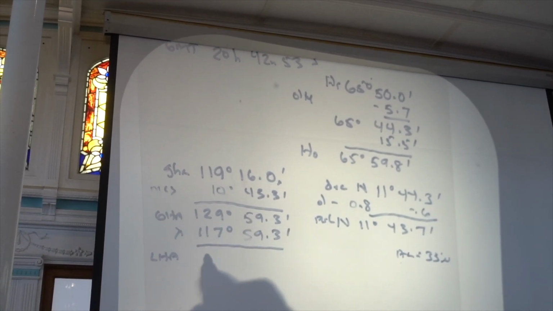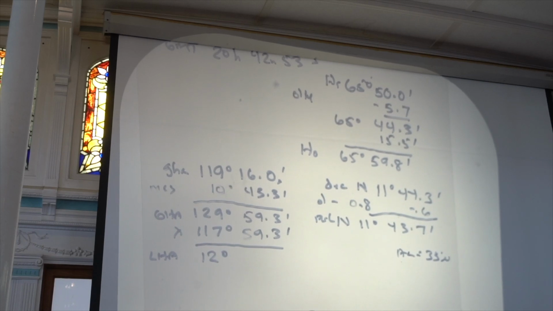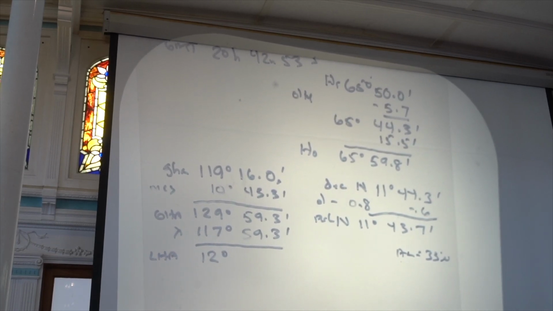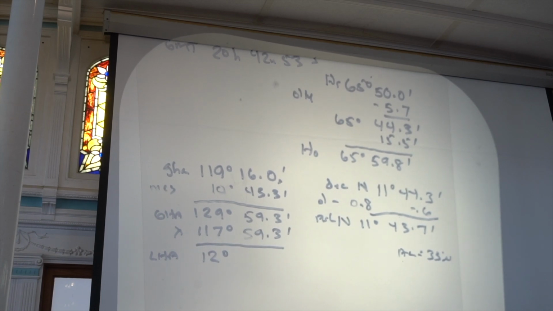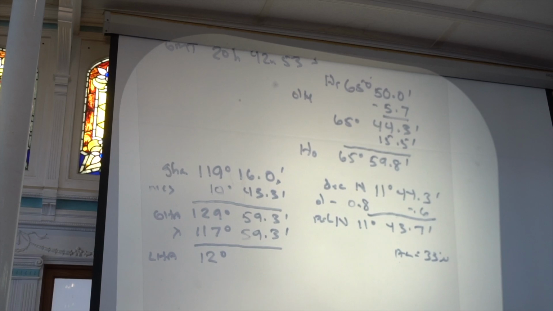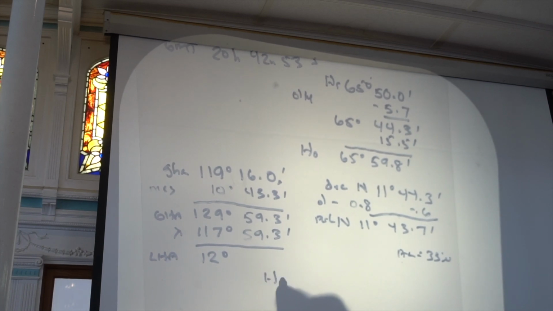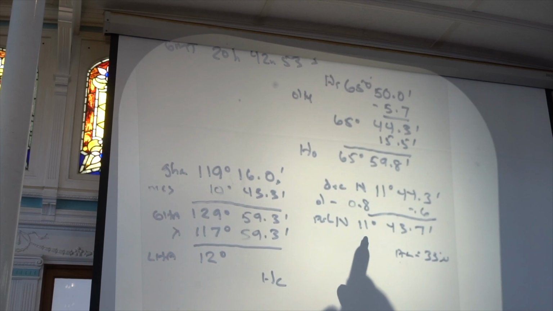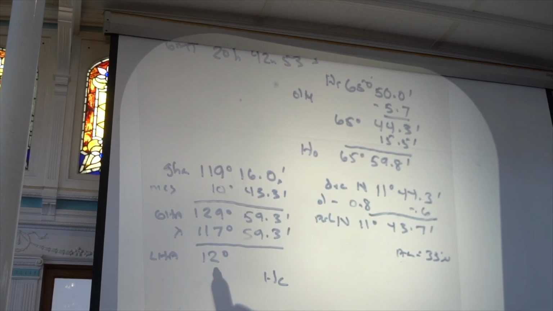12 degrees. Okay, so now we have what we need to go into the 249 tables. The first thing we're looking for is an HC. We cross-index 11 degrees of declination with 12 degrees of LHA.